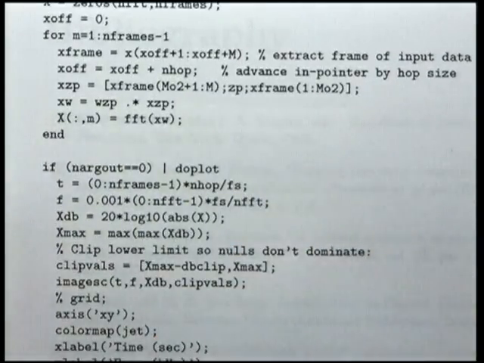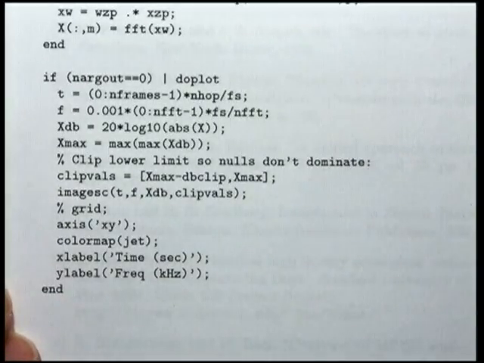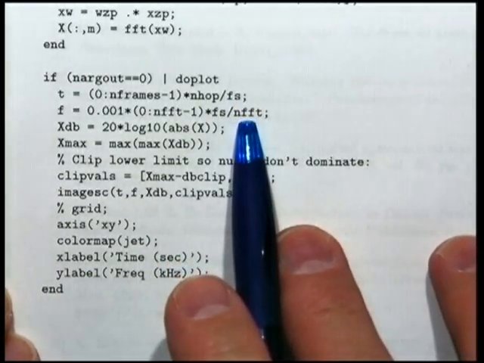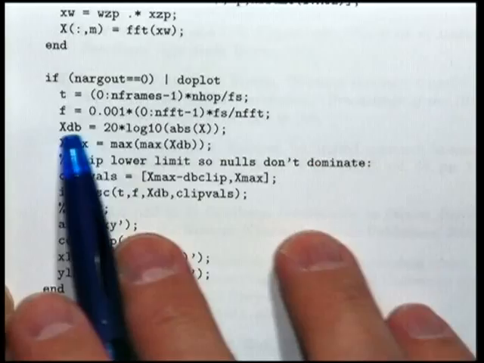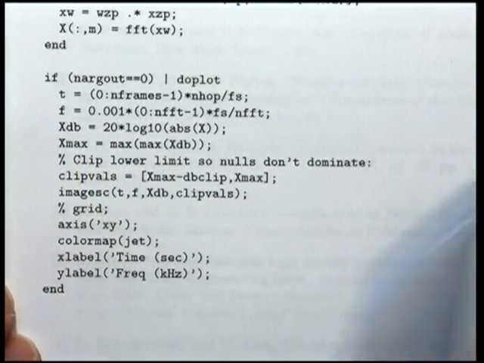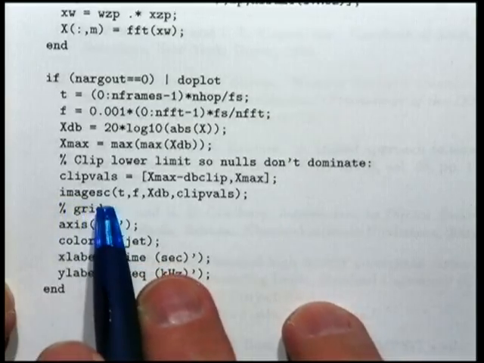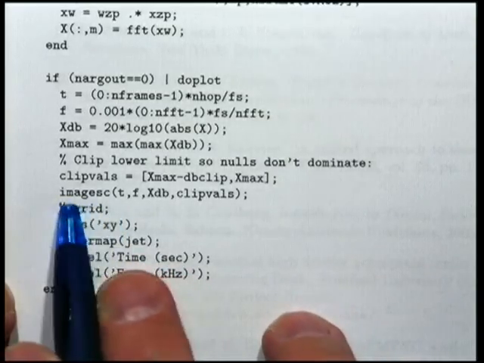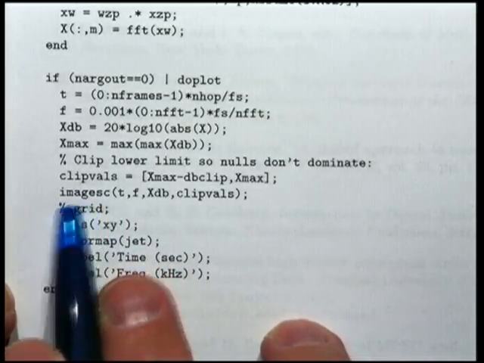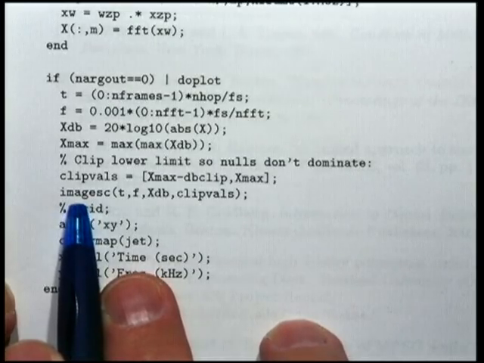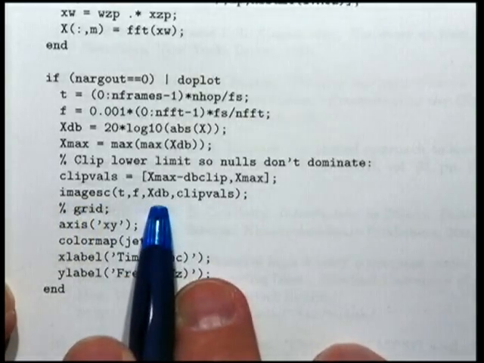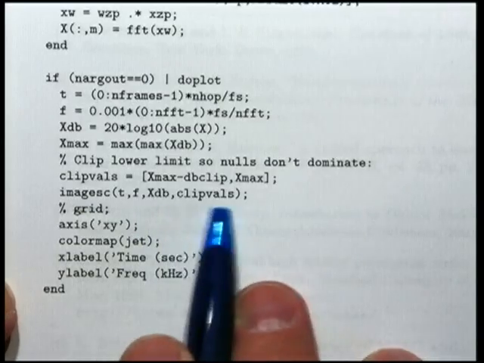And then here's the plot. So you have a time axis and a frequency axis, and here it is dB, and then you clip it in the usual way. And then the image scale primitive. This is the image plotting facility in MATLAB and Octave that will give you a dB plot between two limits.